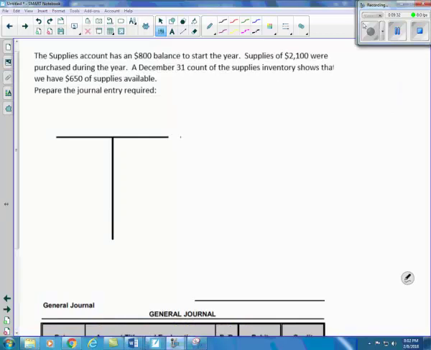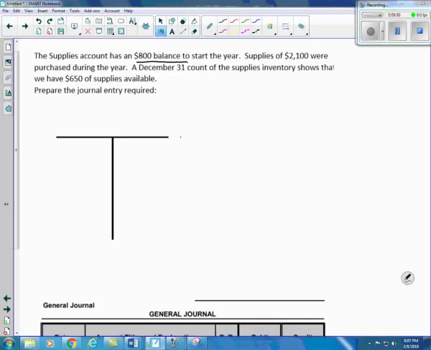So here's our second example. So in this problem, we have our supplies account, and it starts out with an $800 balance.